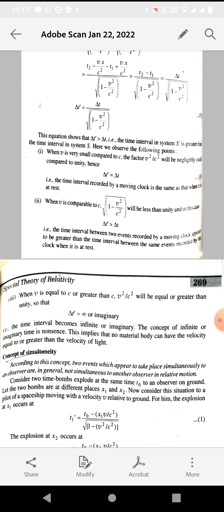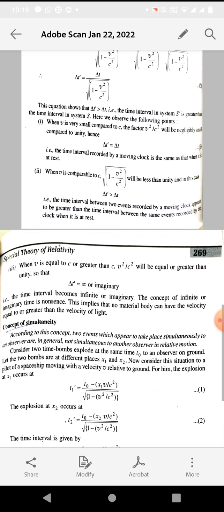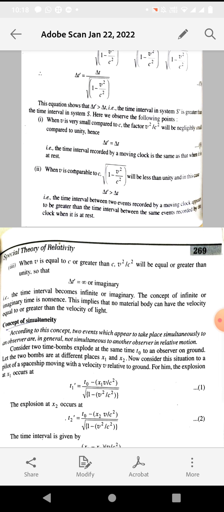When v is comparable to the velocity of light, the factor will be less than unity, so delta t dash is greater than delta t. That means when the frame of reference S dash moves with respect to S at a velocity comparable to light, time dilation occurs.